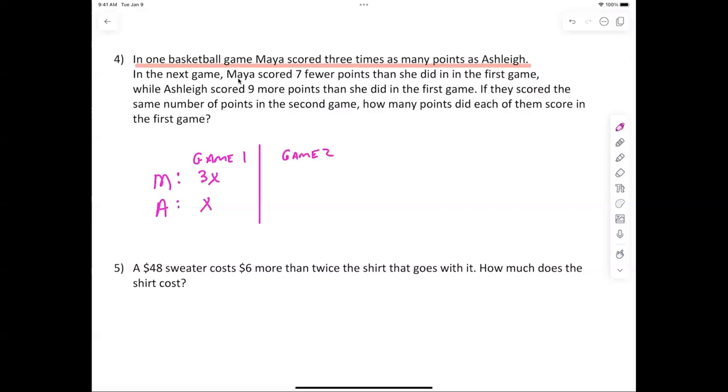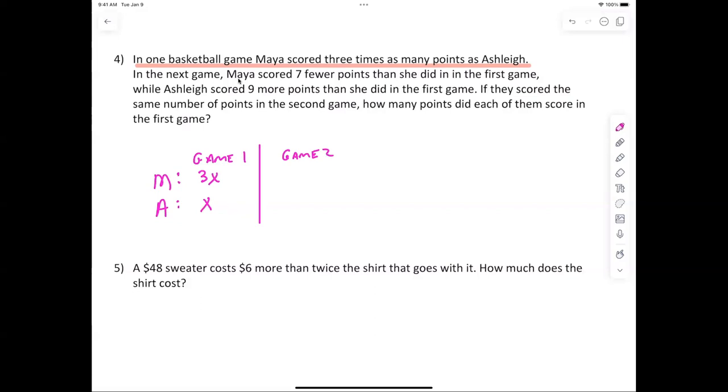In the next game, this will be game 2, Maya scored 7 fewer points than she did in the first game. So how many points did she score in game 2? Look at your notes. She scored 7 fewer points than she scored in game 1. How many points did she score in game 1? 3x.